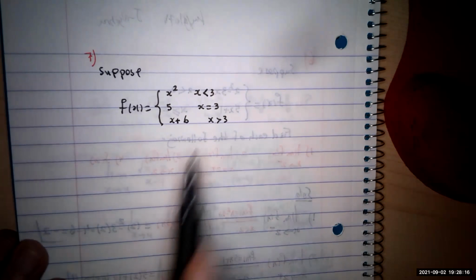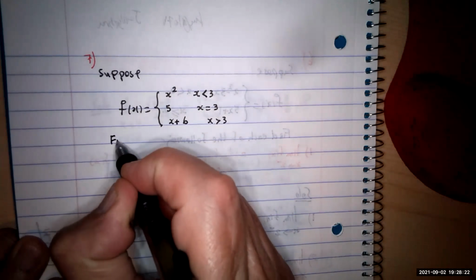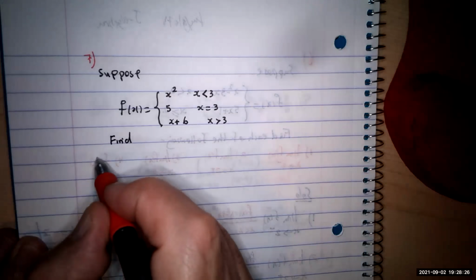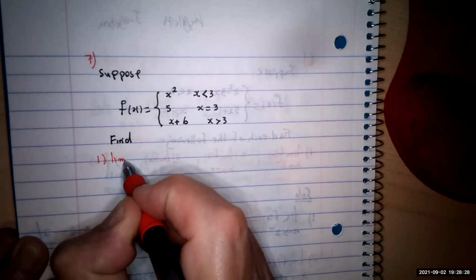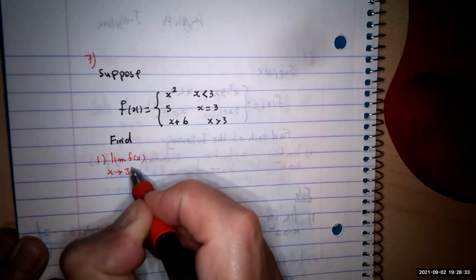Again, this function is partitioned around the 3 here. Then they ask you to find the following. What is the limit of f of x when x goes to 3 negative?